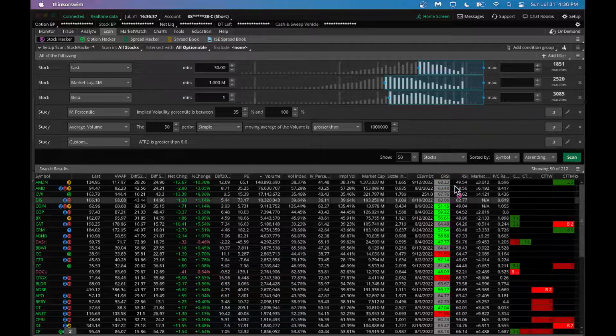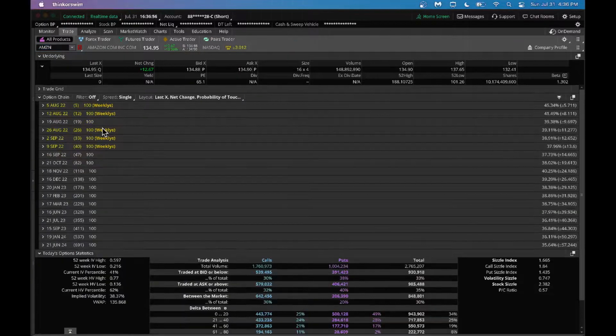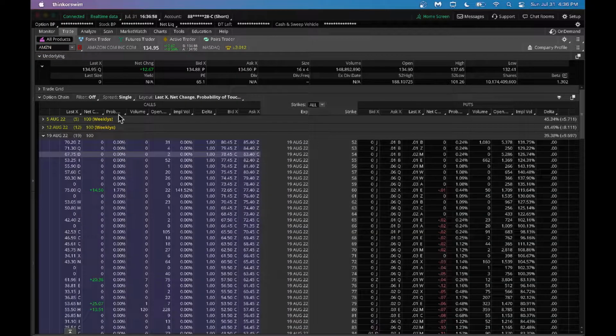And look from an IV percentile perspective, we got IV percentile right here, 41. What I would do, Amazon is one of my favorite stock. Normally I don't mind selling put options on Amazon, even up here. So I would go to my trade tab here, bring up AMZN, it's already here. And look, I would go a little bit shorter term for Amazon here. Right now stock price is 134.